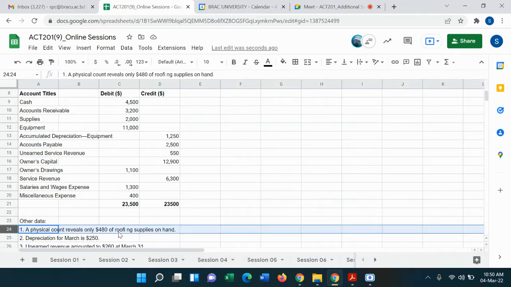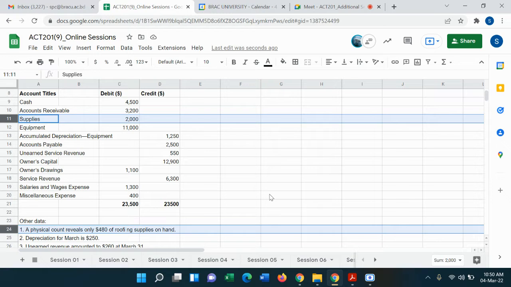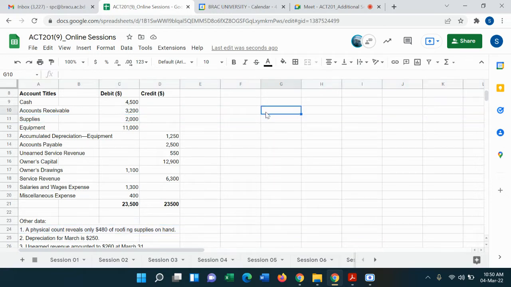First one, physical count reveals only 480 roofing supplies on hand. Is there any supplies account? Yes, we have a supplies account. So can you help me with the working?